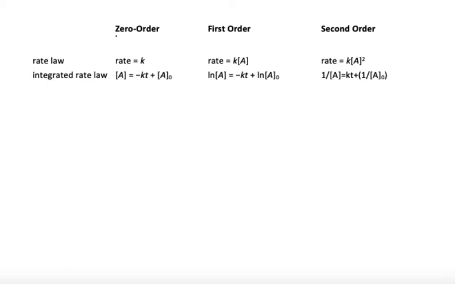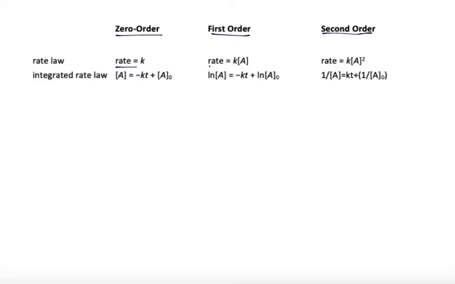So the first thing to point out is that rates can be of either zero order, first order, or of a higher order. That would be second, third, fourth, and so on. With zero order meaning that rate is completely independent of the concentration of the reactants.